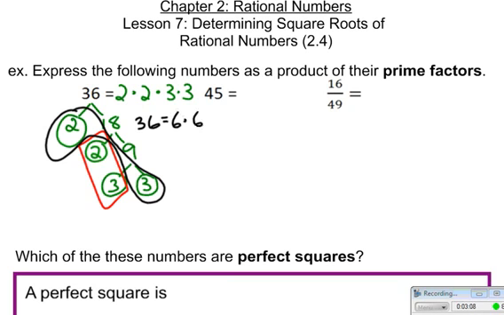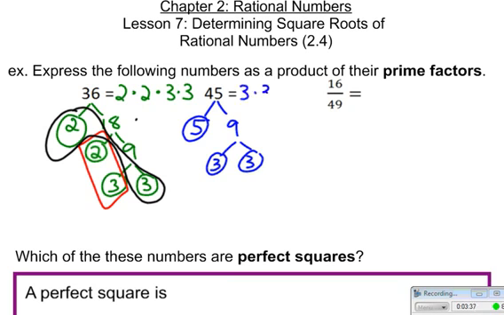If we look at 45, I have to erase this so you have space. 45 is not an even number, so I cannot divide it by 2. I could divide it by 3, I could divide it by 5. Both of those are prime, so it doesn't really matter which one I pick. I am going to pick 5, and 9 times 5 is 45, so prime is 5, and 9 again, we'll split into 3 times 3. So the prime factors of 45 are 3 times 3 times 5.